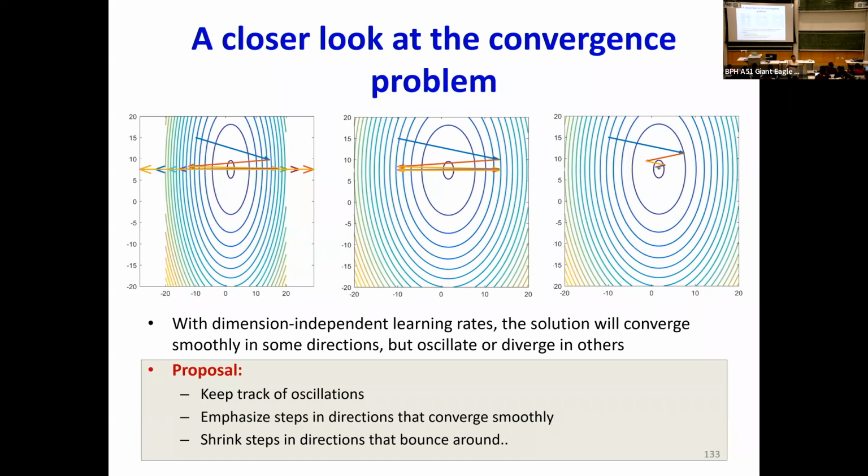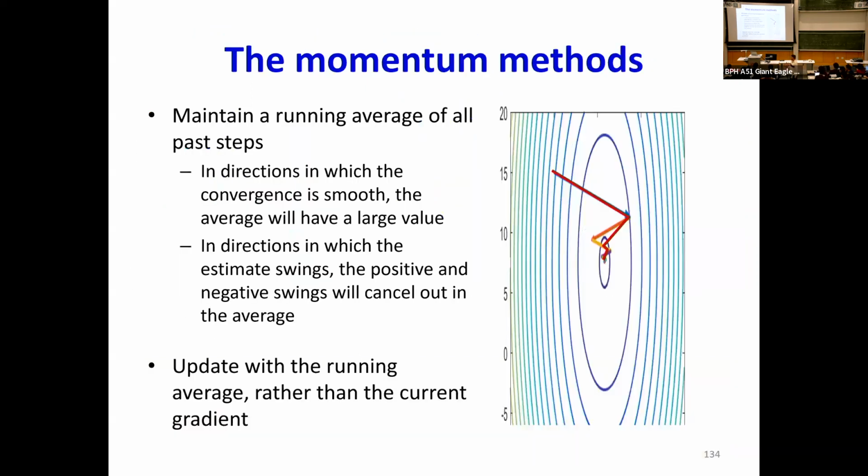So if, instead of simply using the latest derivative, you use the average of all past derivatives, you expect such behavior to get normalized out, right? And so that gives us our momentum methods. You maintain a running average, and this will enhance the steps in directions where the convergence is smooth and shrink them in directions in which you have oscillations.